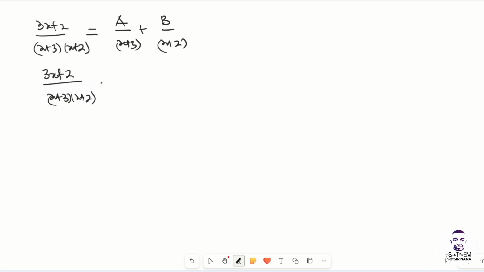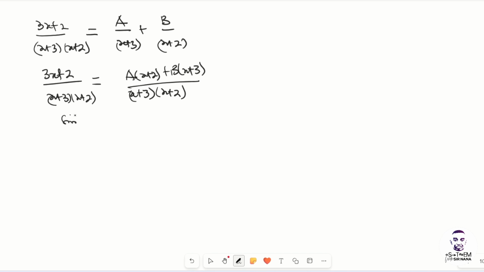x plus 2, then that is equal to, we find the LCM, x plus 3, then x plus 2, then we have a multiplying x plus 2, right? Plus b multiplying x plus 3. We know that the denominators are the same, right?